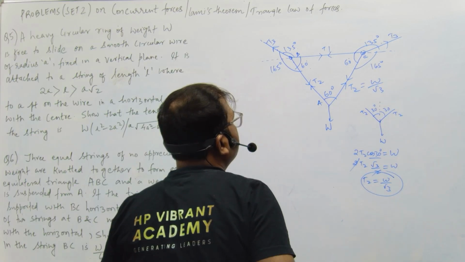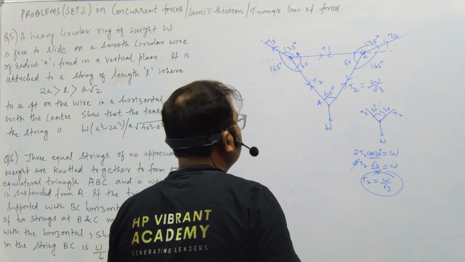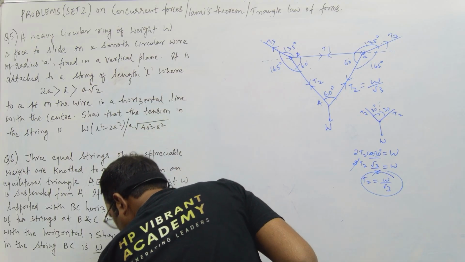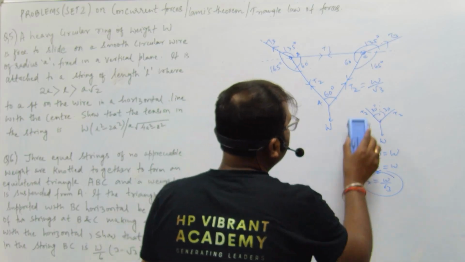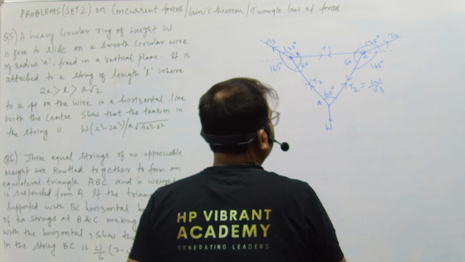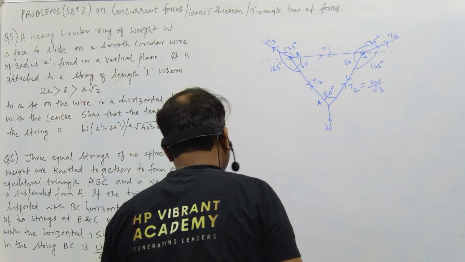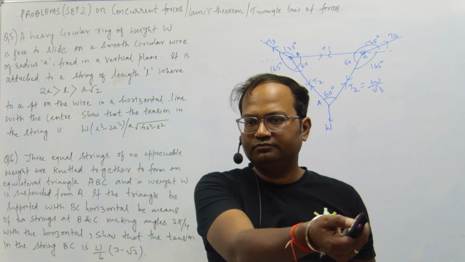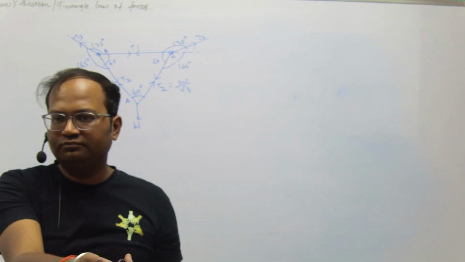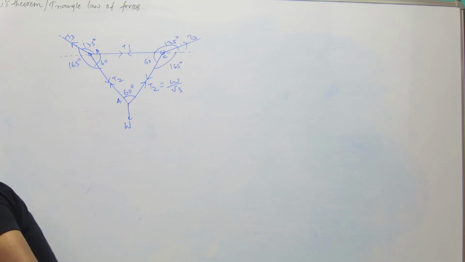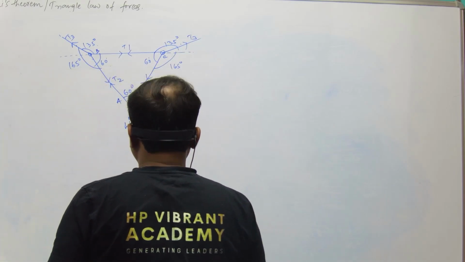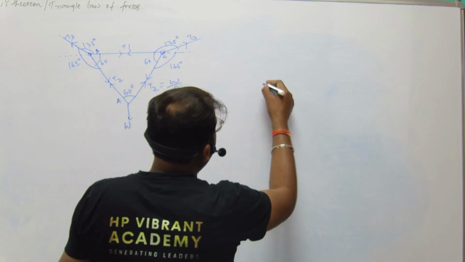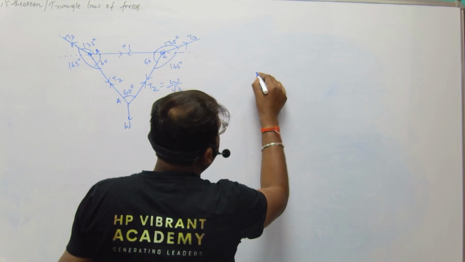Now let us consider the point B. Let us apply Lami's theorem at point B. So at point B we have this as horizontal.